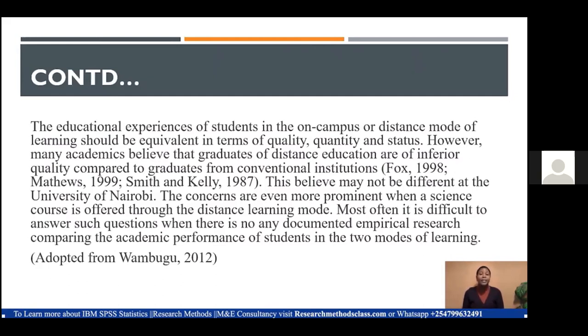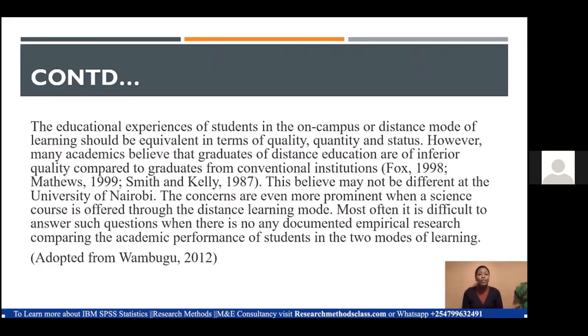When you read this paragraph, you will be able to identify the need. This researcher wanted to compare the academic performance between distance learning students and on-campus students. But when you read literature, many people question the credibility of offering a science subject using a distance learning method. That has been documented.